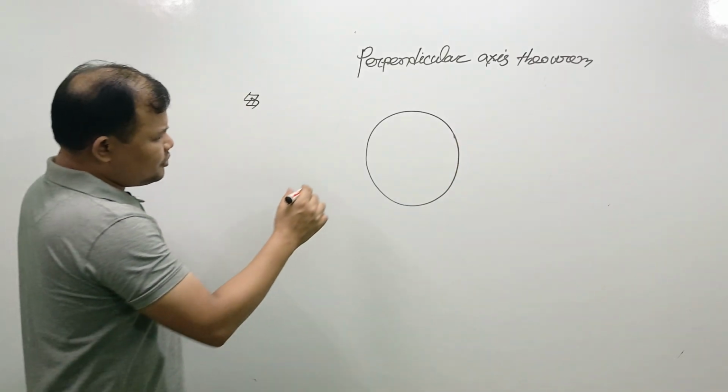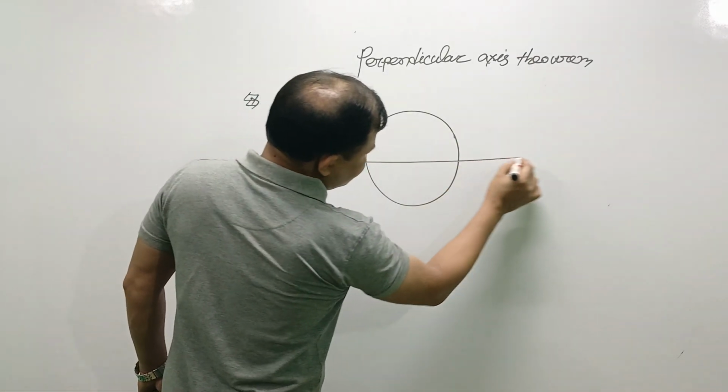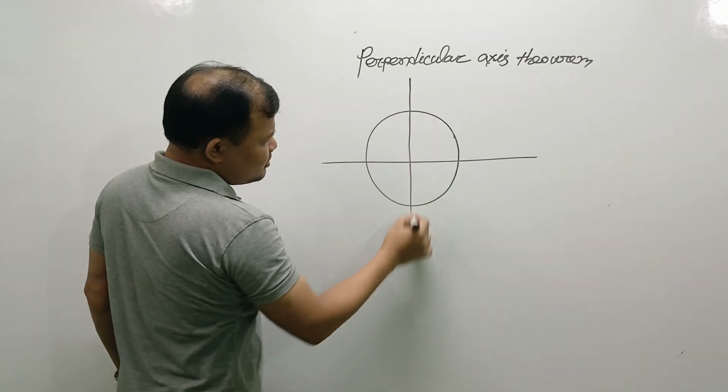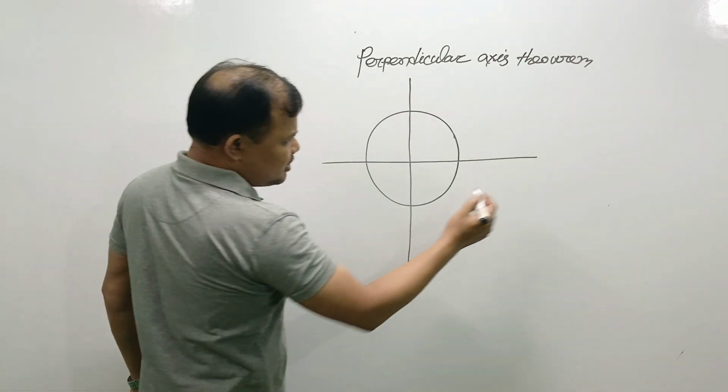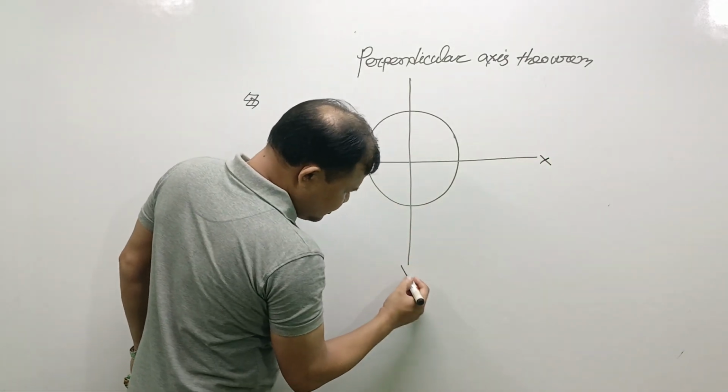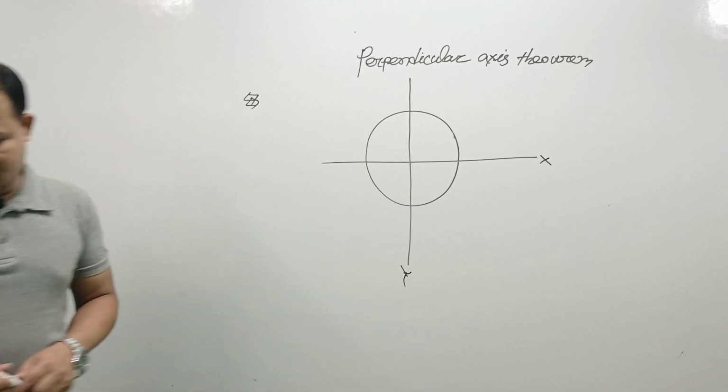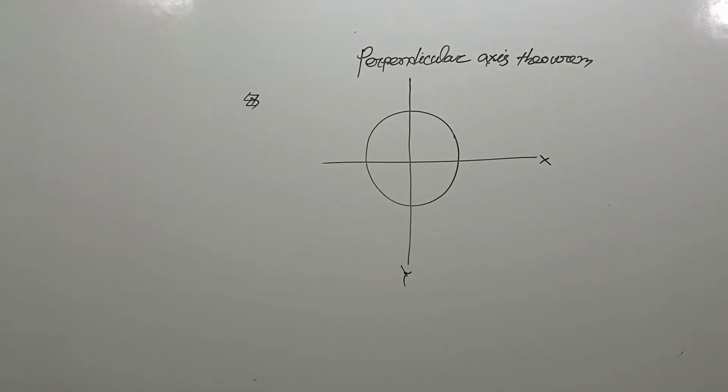Okay, let's draw two perpendicular axes. Suppose this is x-axis and this is y-axis.